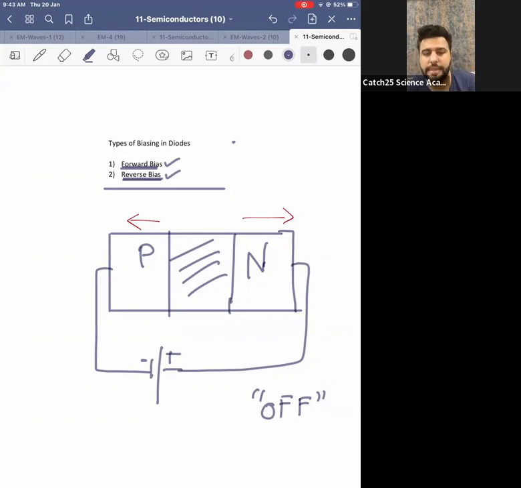Next side heading, working. In reverse bias, holes from the P side and electrons from the N side move away from the junction, and hence no recombination takes place.